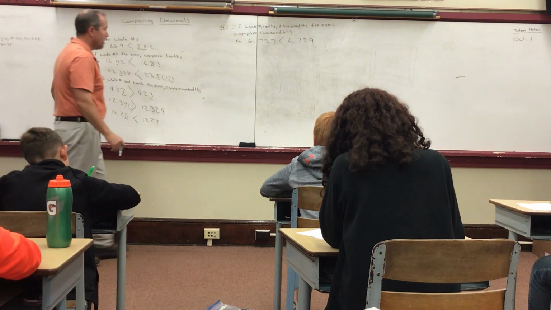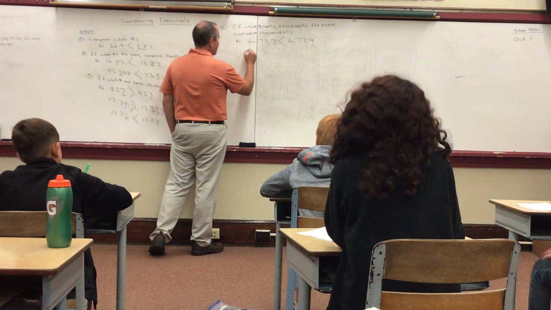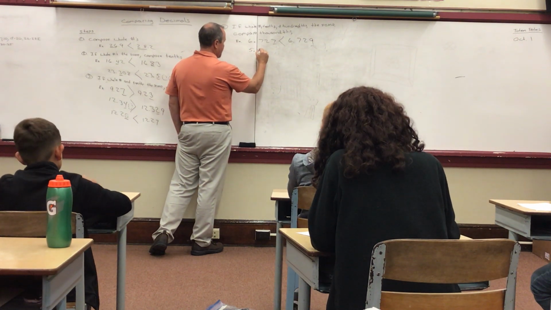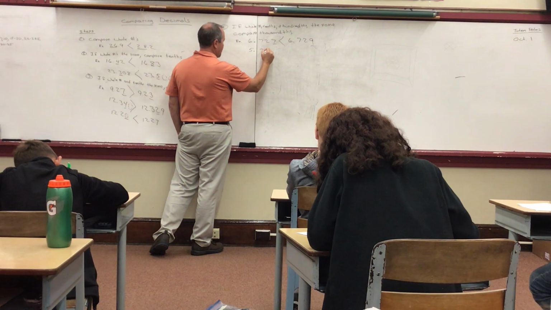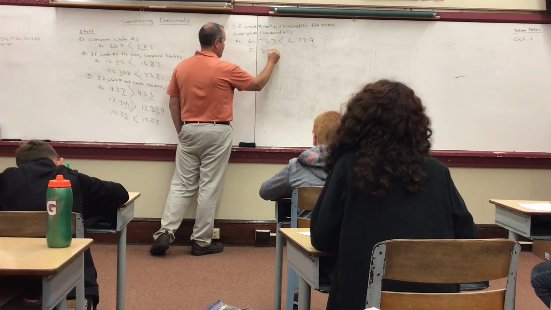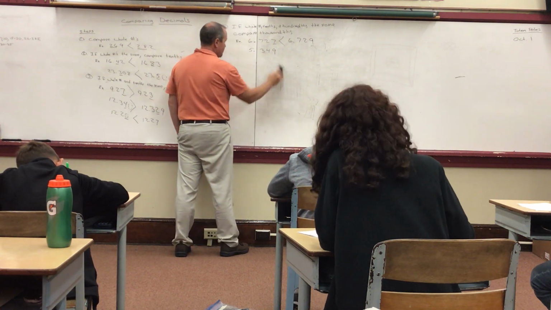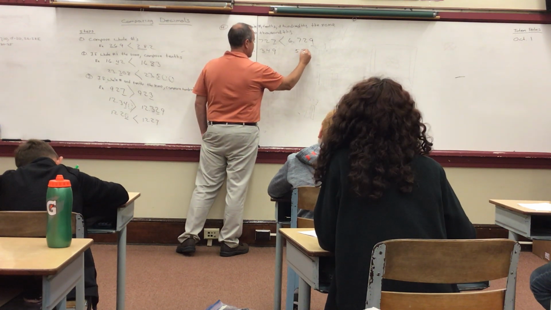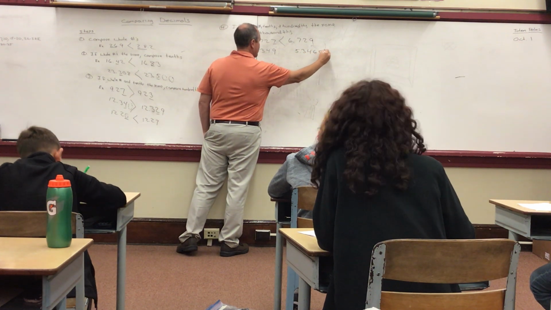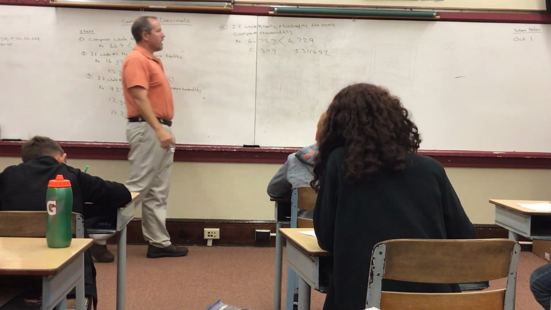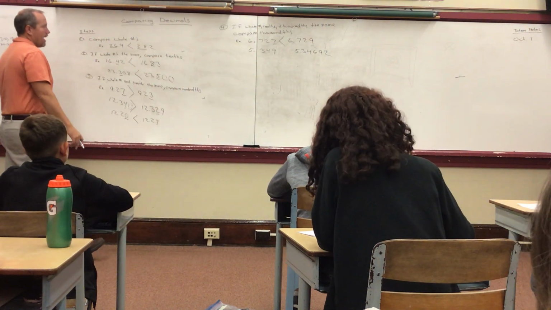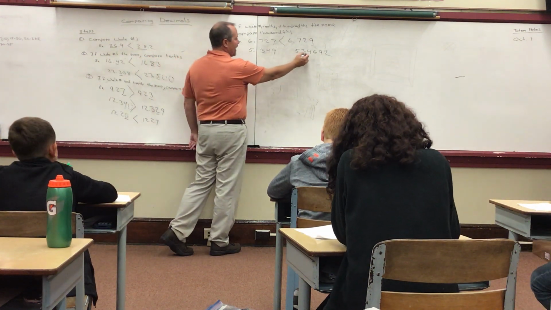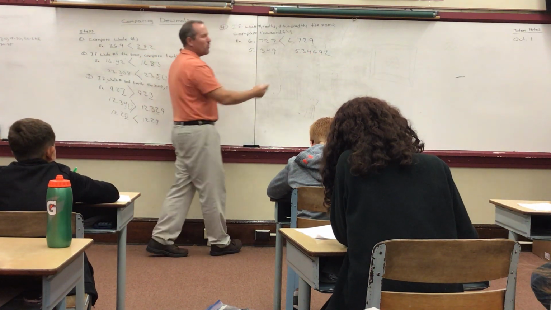If we have this, 5 and 349 thousandths compared to 5 and 34,692 hundred thousandths.